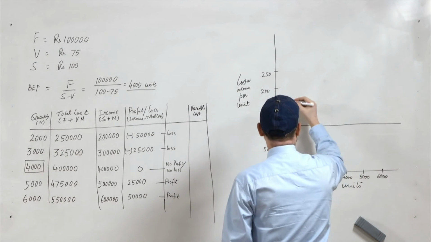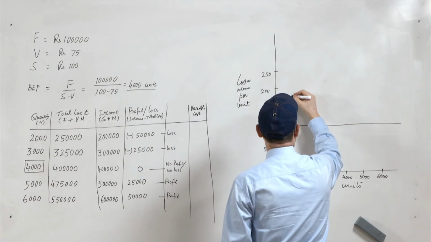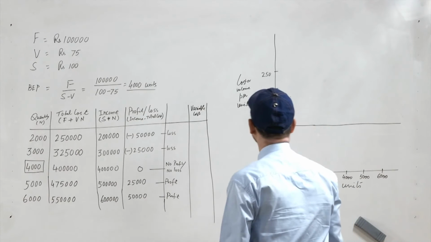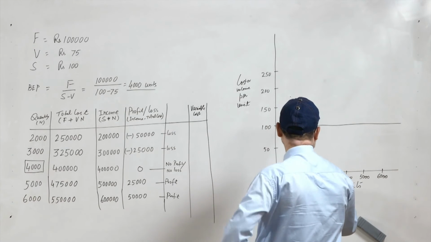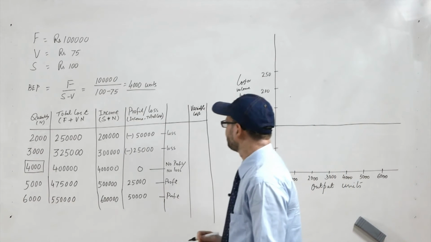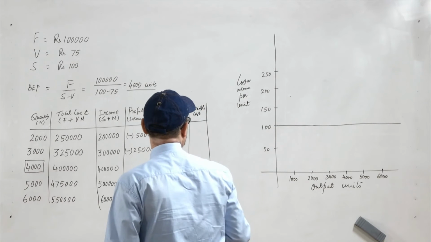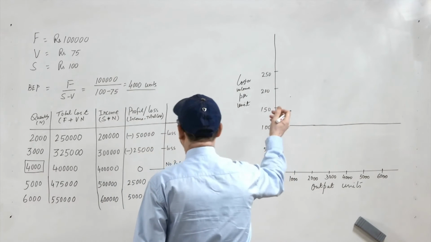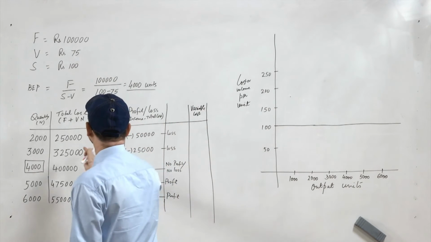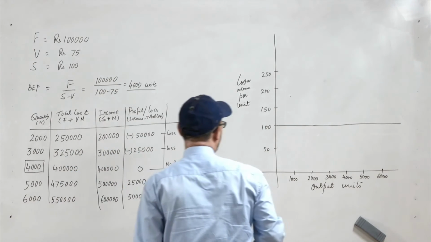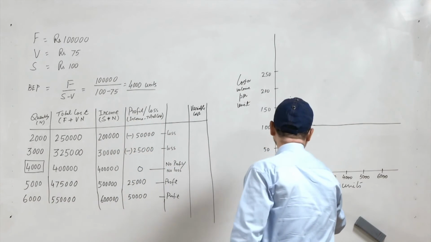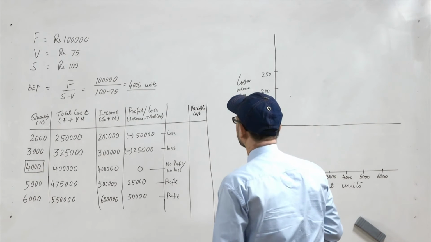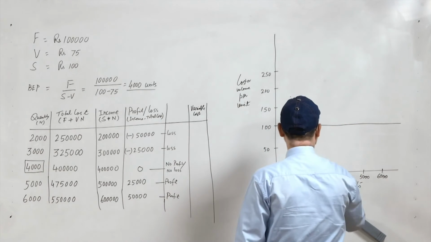So, it will go somewhere here. Now, for 2000 units the total cost is 2,50,000. So, for unit output 2,50,000 divided by 2000, that is 125. So, it will be here.